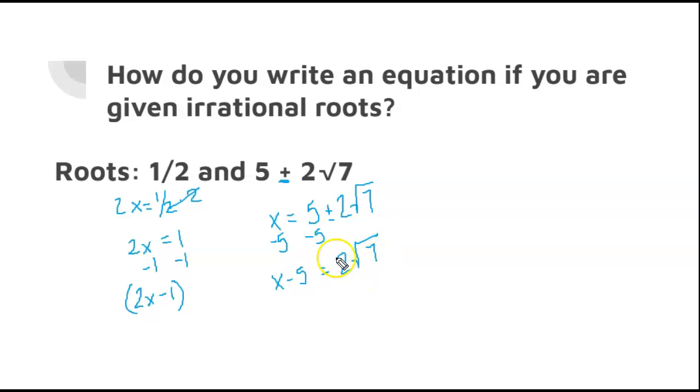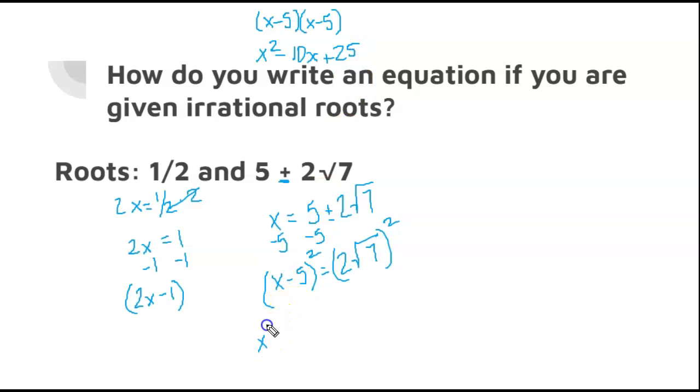Now I have the irrational number by itself, and I just want to square both sides. So just like yesterday, when you do have a binomial over here with the x, you do have to make sure you double distribute, FOIL, area model, box method, whatever you want to call it. I need to make sure that I'm doing x minus 5 times x minus 5. So that's going to be x squared minus 10x plus 25.